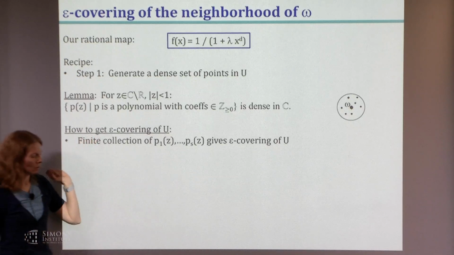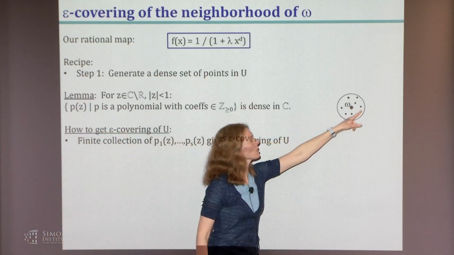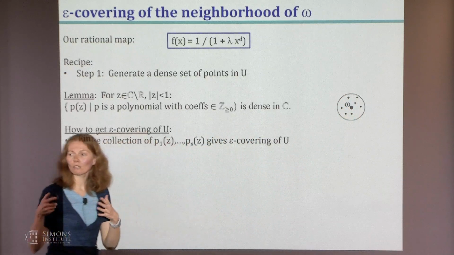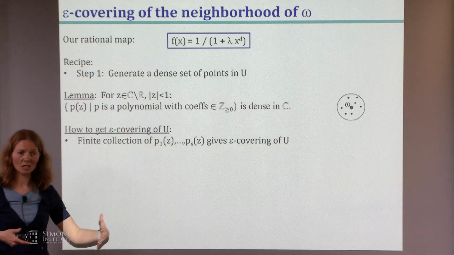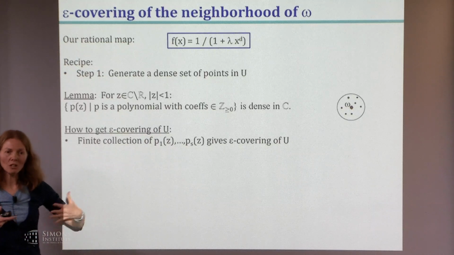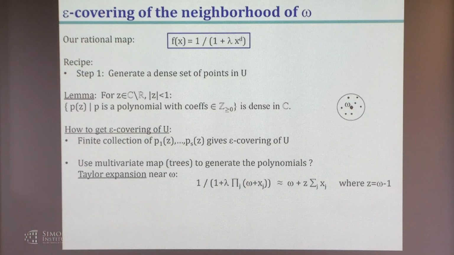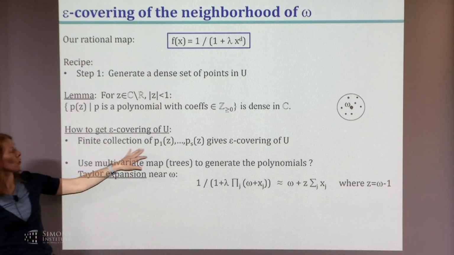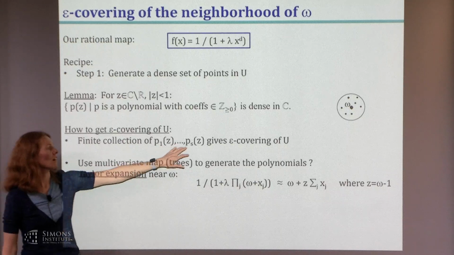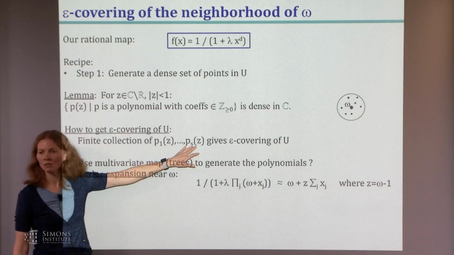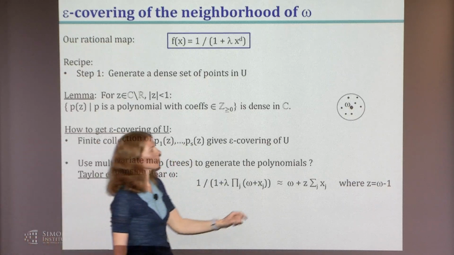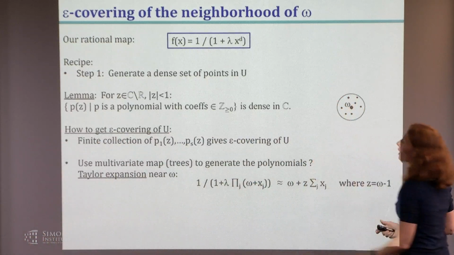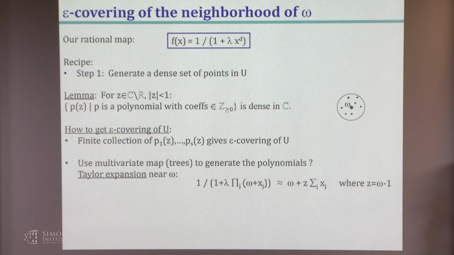What we want is to get an epsilon covering over here. So we need to connect the polynomials to our trees. Somehow we need to be able to actually construct these polynomials. And so what we are going to do is first observe that we need only a finite number of polynomials to create an epsilon covering of our neighborhood of the fixed point.